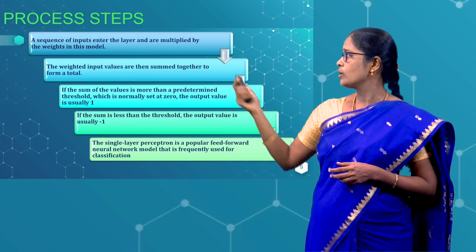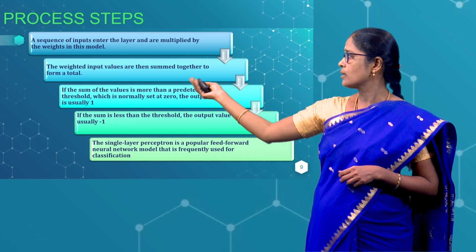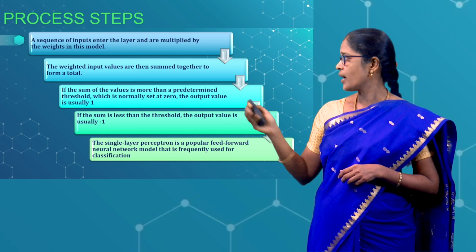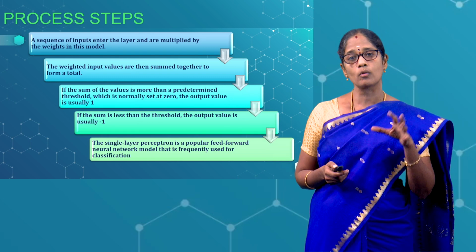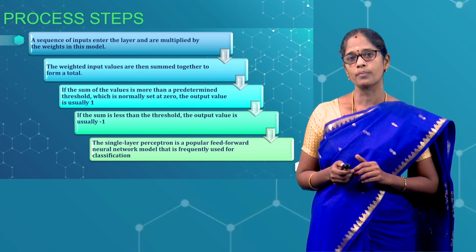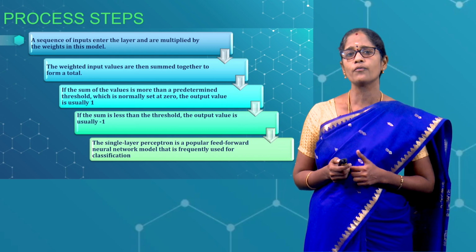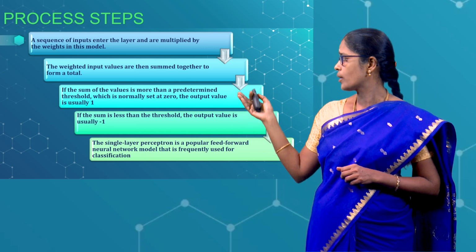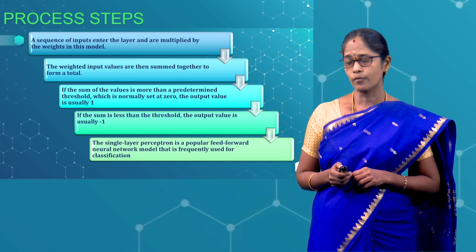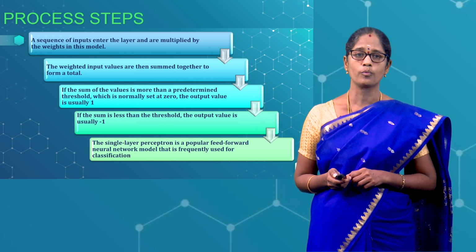If this value is more than a predefined threshold value, we say that the output is fit, and if the sum is less than the threshold value, we say the output is not up to the mark, that is, the output is -1. This is the processing flow for a single layer perceptron, which is also popularly called a feed forward neural network model, and it is mainly used for classification problems.